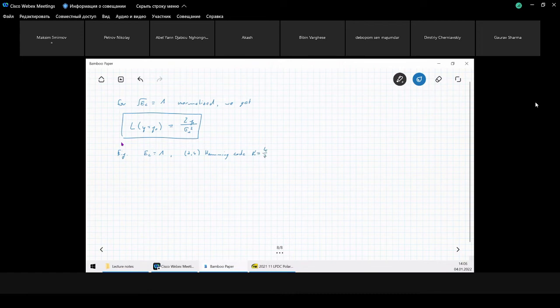So this means our bit energy, EB, will be 7/4 times EC. So this is basically the effect on the reduced energy per coded bit.